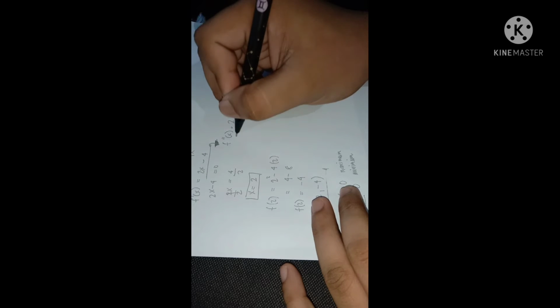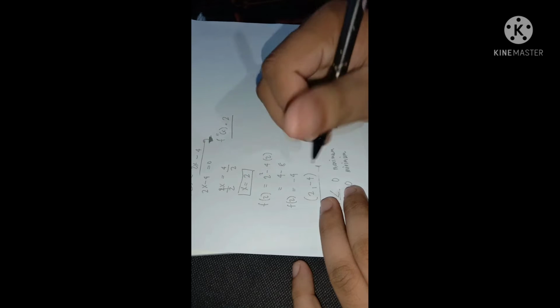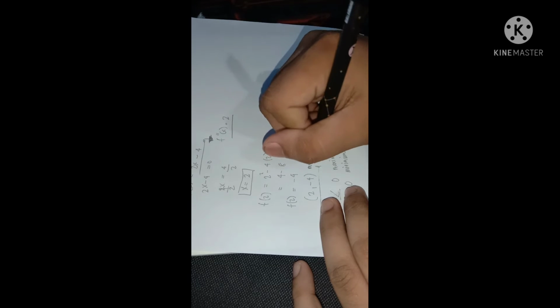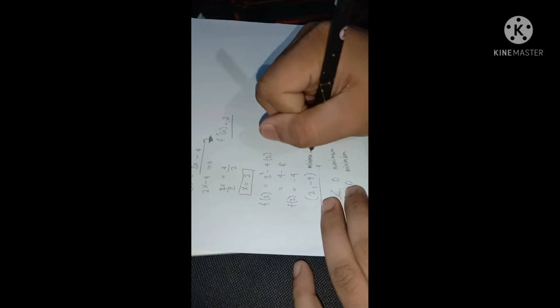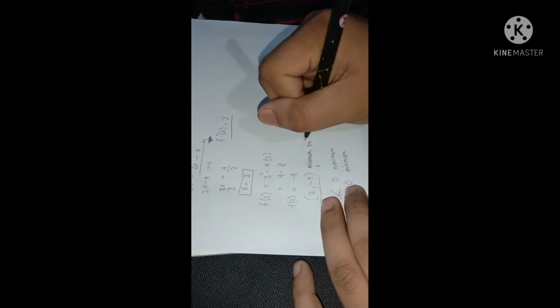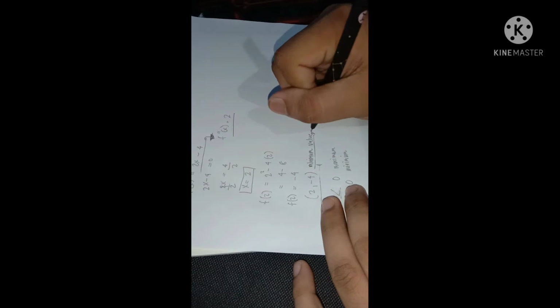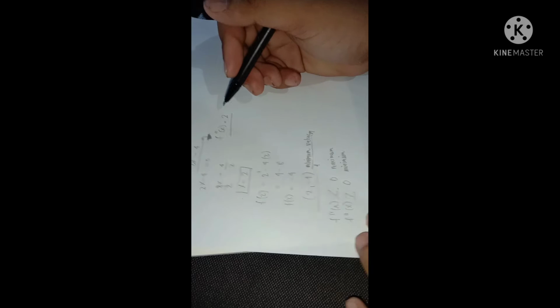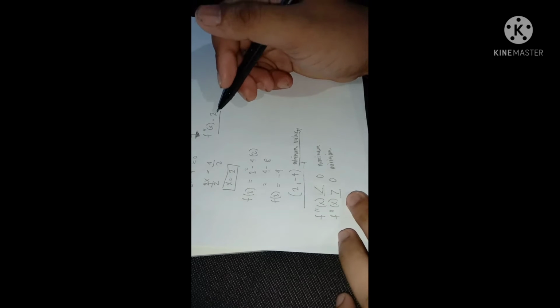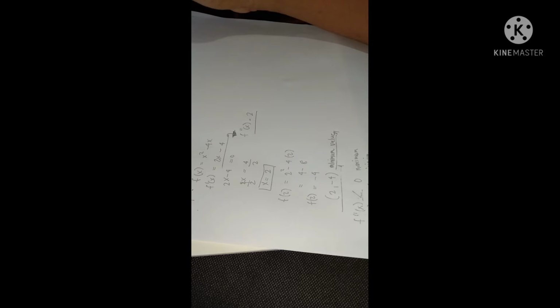So the answer is positive, so this is a minimum value, because the answer is greater than 0. That is the first example.